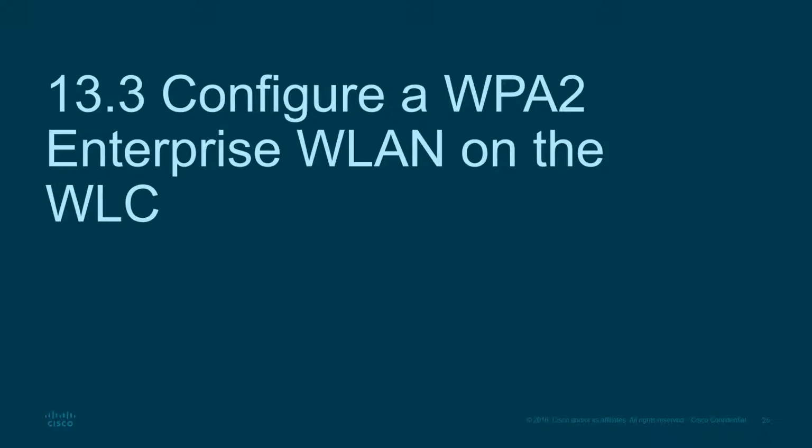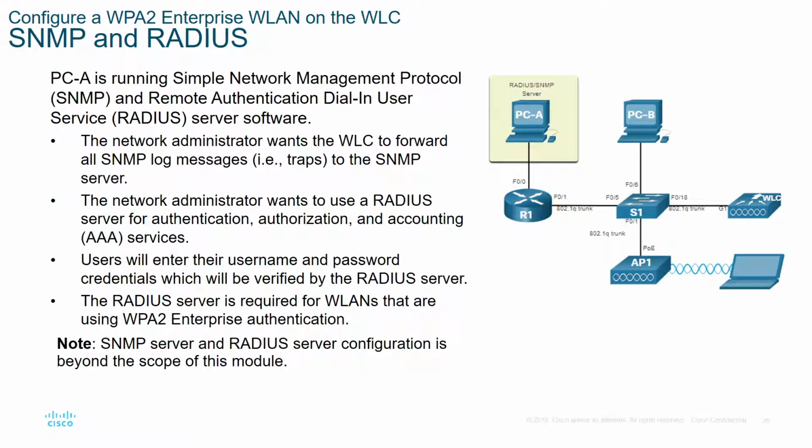Configure a WPA2 Enterprise WLAN on the Wireless LAN Controller. SNMP and RADIUS. PCA in this diagram is running Simple Network Management Protocol, SNMP, and Remote Authentication Dial-In User Service, which is RADIUS, server software. The network administrator wants the wireless LAN controller to forward all SNMP log messages, i.e. traps, to the SNMP server.